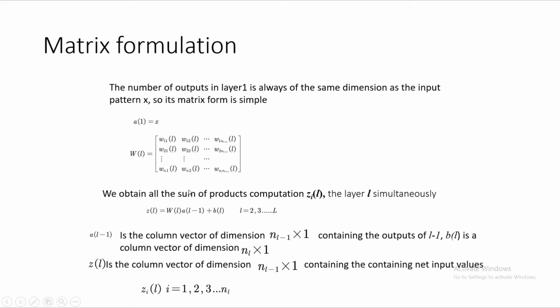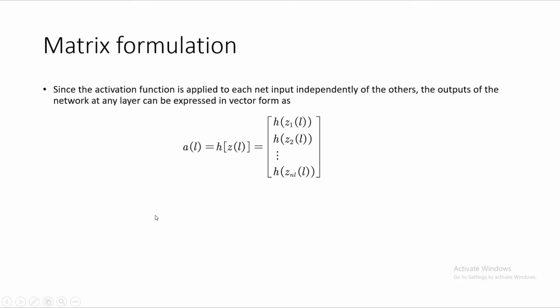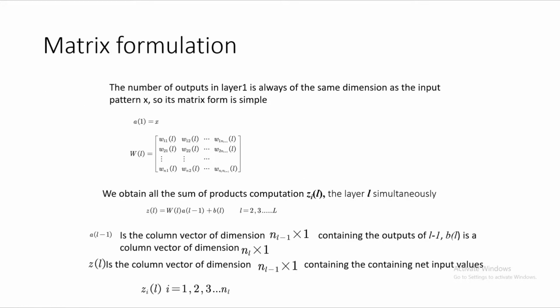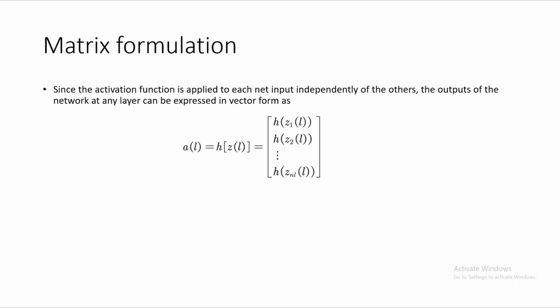With the simple matrix operation we can estimate this ZL value, or the net input, and once we obtain the net input value, we can easily estimate the activation output, because the activation function is applied to each net input independently of the others.